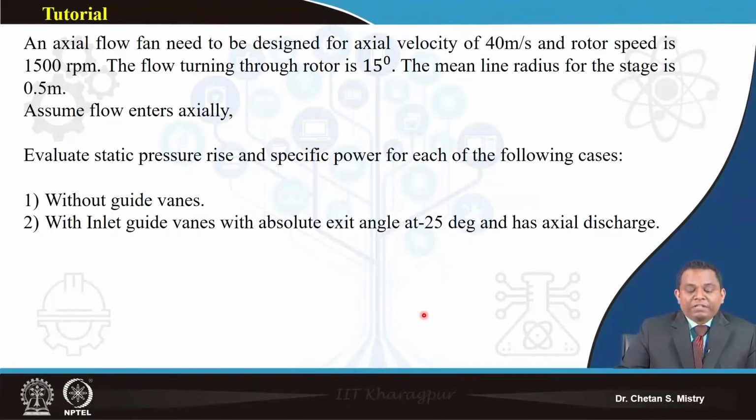Evaluate the static pressure rise and specific power for each of the following cases: without guide vane configuration, and inlet guide vane configuration which has an absolute exit angle of minus 25 degree, and my discharge is axial.